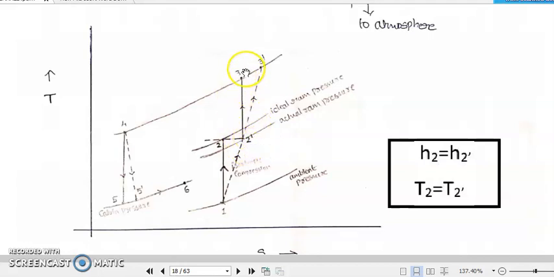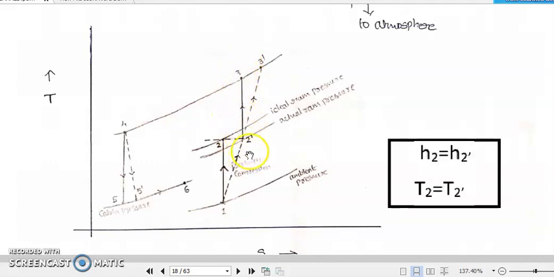Here also we will assume the compression process. The easiest way is to assume it as an isentropic process, or reversible adiabatic process, but we know that is not possible in an actual case. There will be many sorts of irreversibilities associated with this main compressor work.